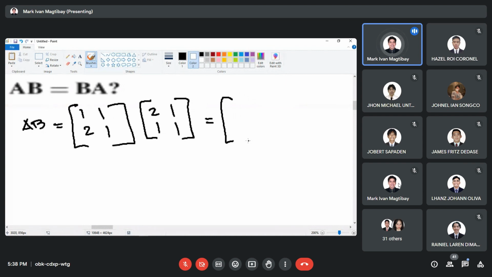Okay? So para makuha po natin si A11, ito ang combination natin. First row, first column po. Okay? So row and column. So lagi po ang titingnan natin dun sa ating first matrix is yung mga row lang niya. And then dun sa ating second matrix is yung kanyang respective column.